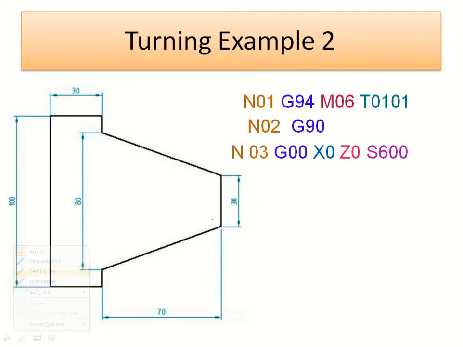We can show this position where X0 and Z0, and from this position we can provide the spindle speed, that is S600. S represents the spindle speed, and the number is the specific spindle speed, which we can give as per the material specification and the machine specification.